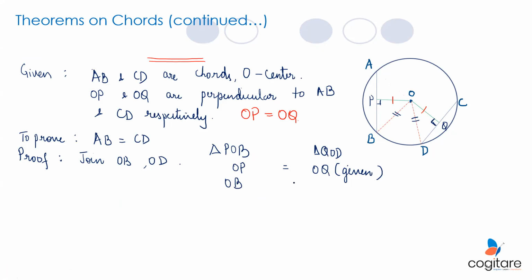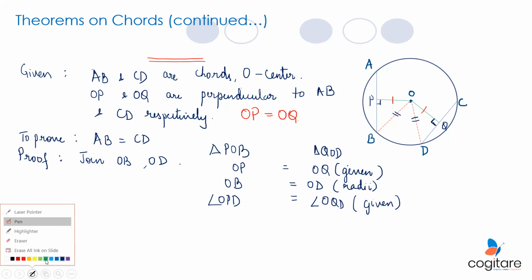OB is equal to OD. It's the radii. And these two are right triangles. We have angle OPB is equal to angle OQD. It's given, right? Because we dropped the perpendiculars.